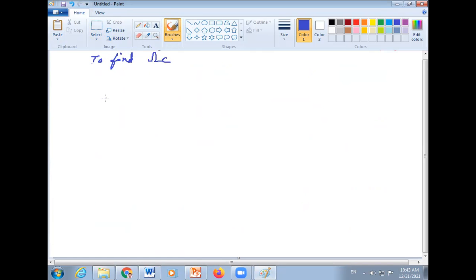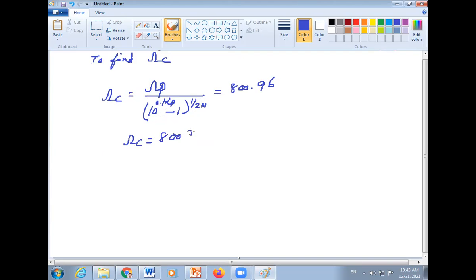We have omega c equals omega p divided by (10 to the power 0.1 alpha p minus 1) whole to the power 1 by 2n. Substituting all the values, we get 800.96. Or else simply we write omega c equals 800 radian per second.